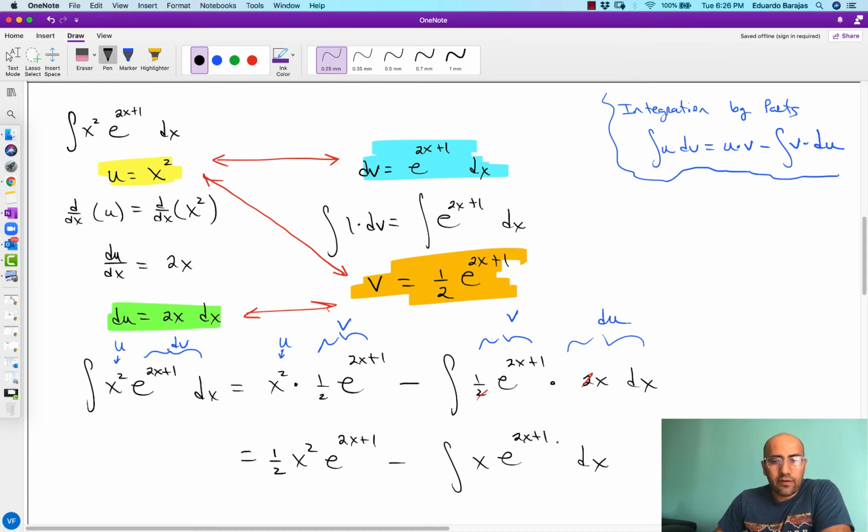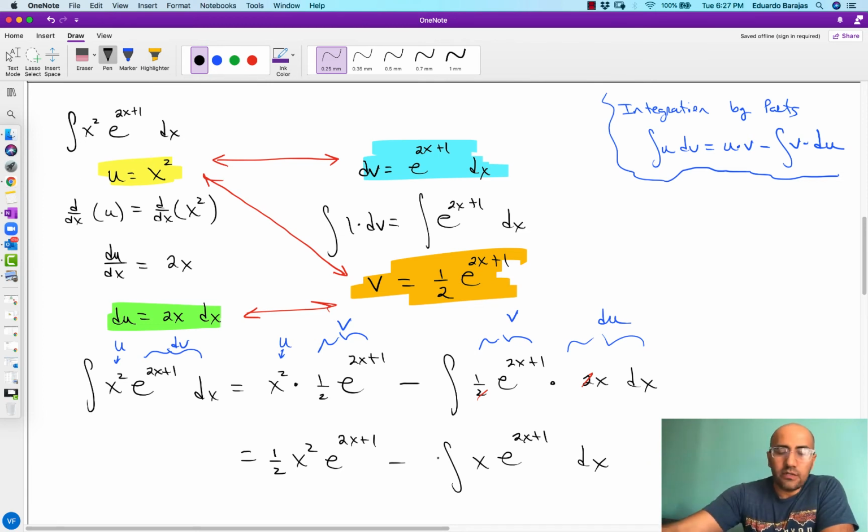Still not a very easy integral to solve, but we're headed in the right direction. This has power 1. It's better than that one that had power 2. So we managed to reduce it by 1 power.